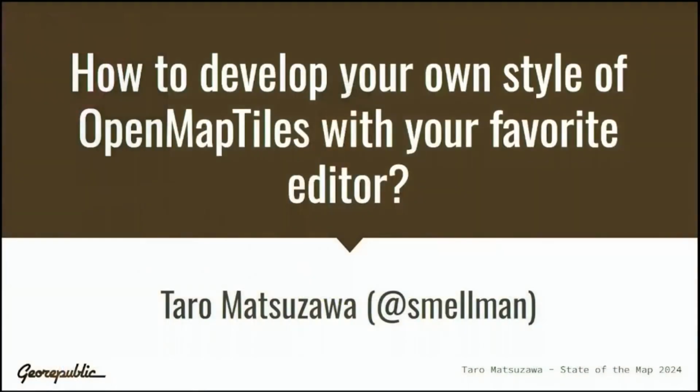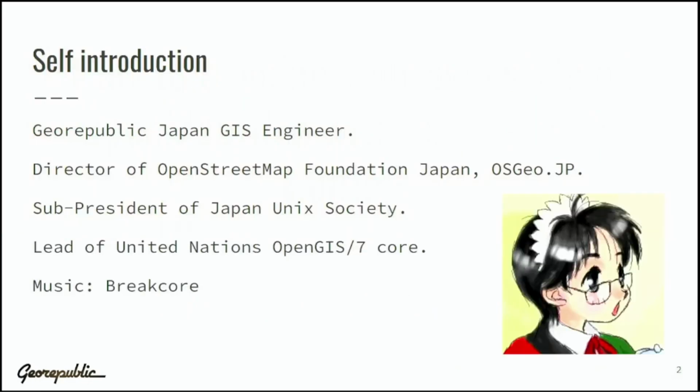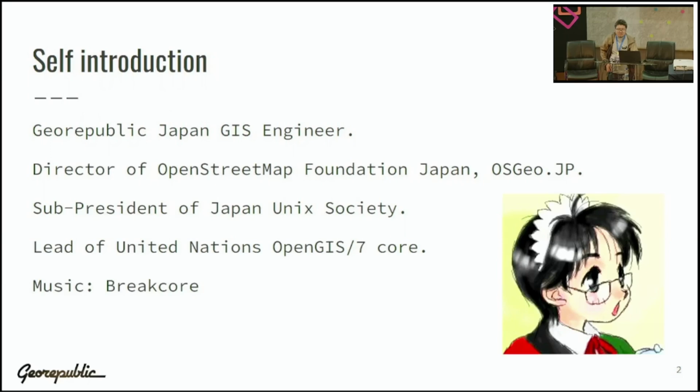So my name is Taro Matsuzawa, and my OSM name is Smellman. It's on X and other social networks. By way of introduction, I am a Georepublic Japan GIS engineer and the director of OpenStreetMap Foundation Japan and OSGeo Japan.